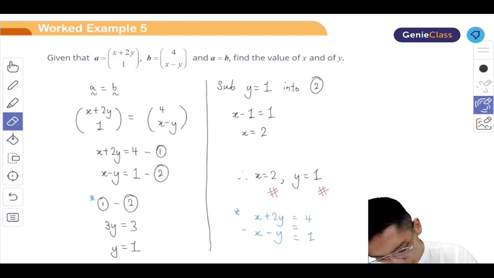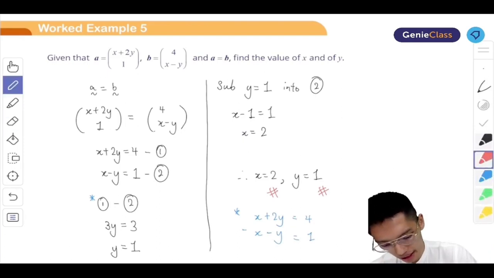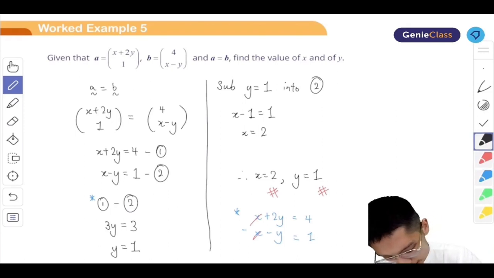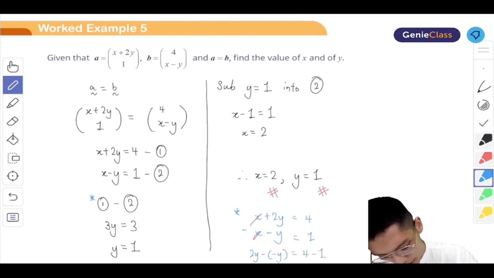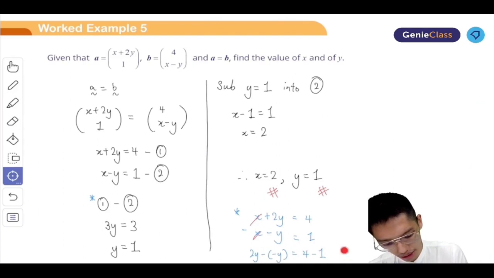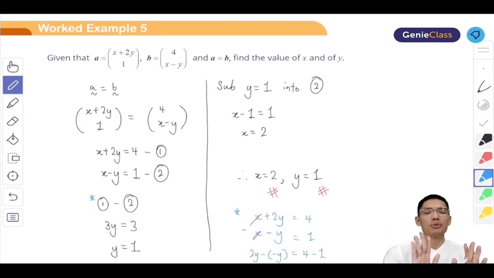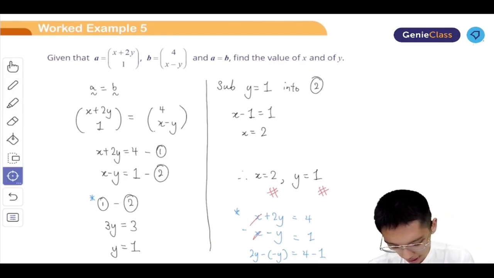Once I have this over here, you realize x minus x, they will cancel. 2y minus y is just going to be y, sorry, not minus y. And I have 4 minus 1. So hopefully you realize this equation links to this equation over here. And that's how I solve further. Alright, so regardless whether subtraction, elimination or substitution, you will essentially get to this equation over here.